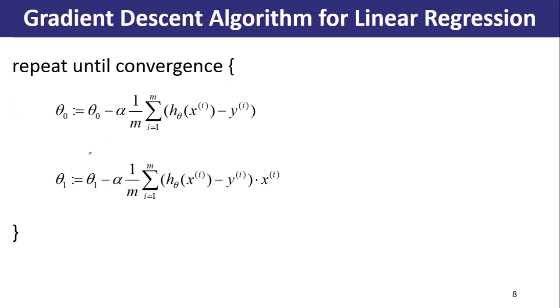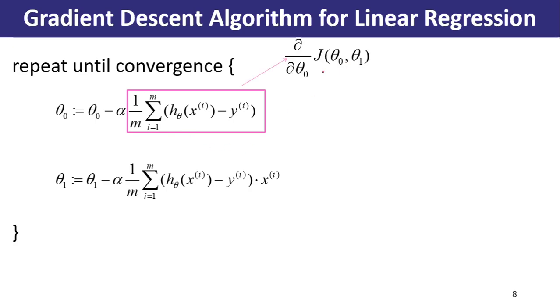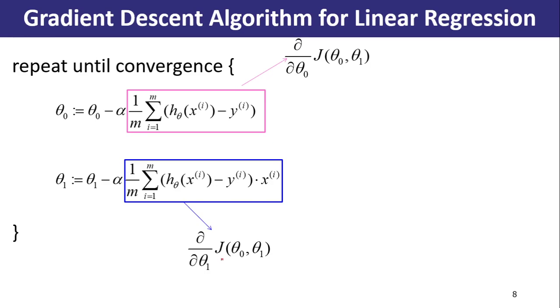Repeat until convergence: theta 0 gets updated as theta 0 minus alpha into 1 divided by m summation over i equal to 1 to m h theta x i minus y i; theta 1 equal to theta 1 minus alpha into 1 divided by m summation over i equal to 1 to m h theta x i minus y i into x i, where this is my partial derivative of J of theta 0, theta 1 with respect to theta 0, and this term denotes the partial derivative of cost function J with respect to theta 1, right.